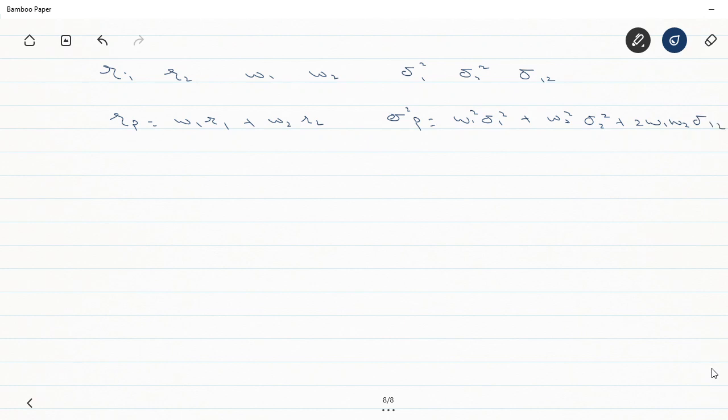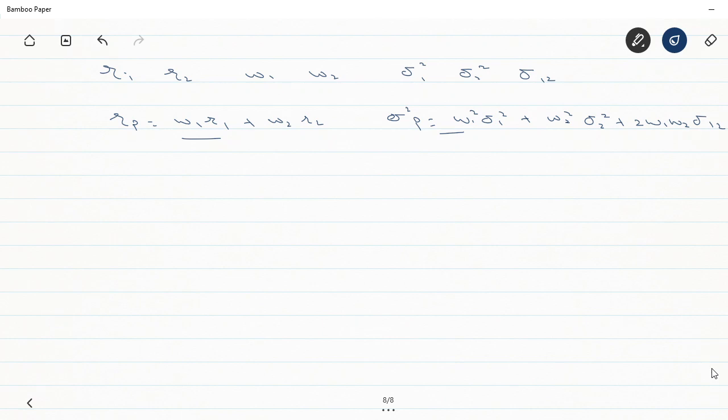Now this problem seems straightforward when we have two assets, but when we get multiple assets, more than two, these equations get complicated to do manually, so we have to use software. So in the example, I'll be using five assets.